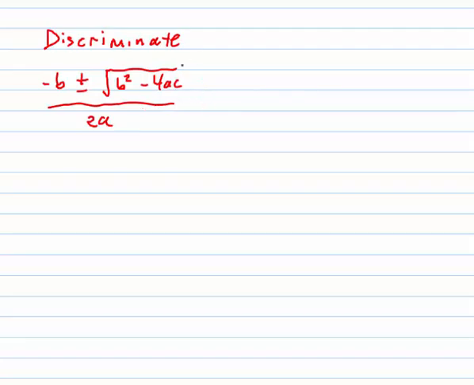It all depends on this b squared minus 4ac. So if b squared minus 4ac is greater than 0, then we have a square root of a positive number and we get 2 real solutions.